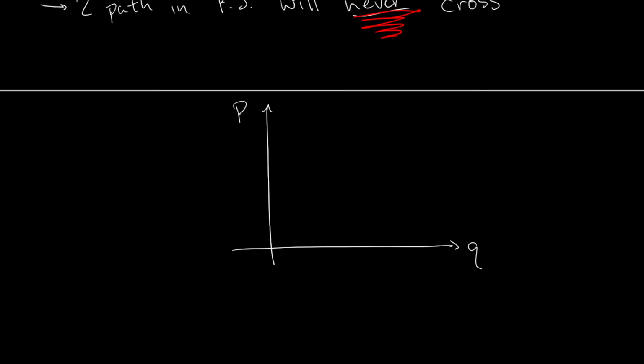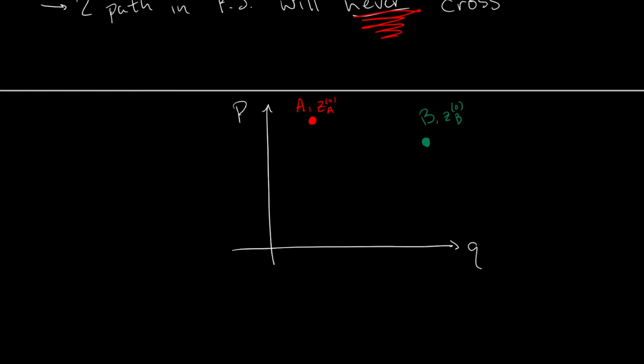If I were to have some system A with initial conditions, we'll call it Z0A, and then I look at maybe some other system, which I'll call B, with initial conditions Z0B.